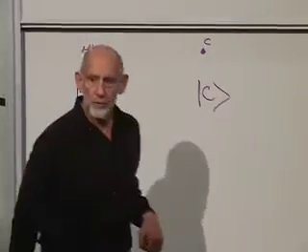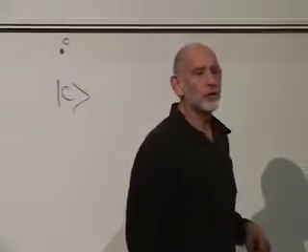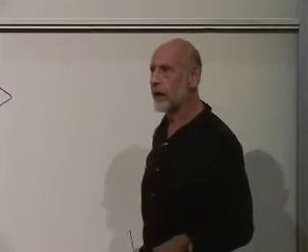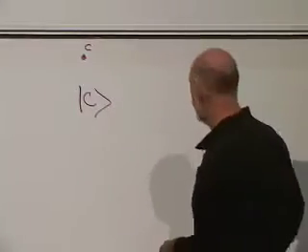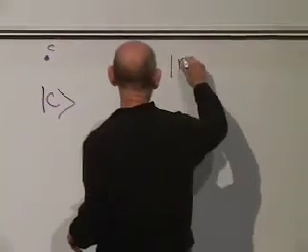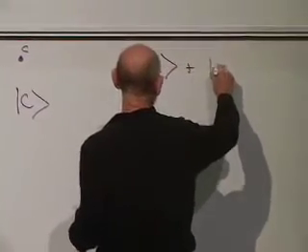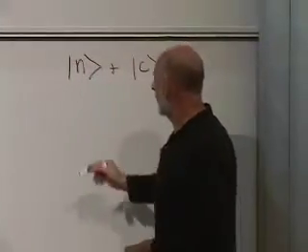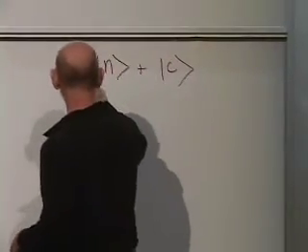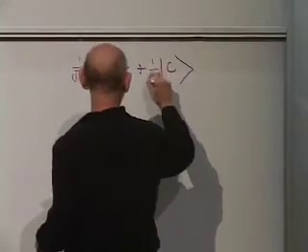Now, there's a quantum state of an electron which is a superposition of being in Nevada and Connecticut. It has some probability of being in Nevada and some probability of being in Connecticut. Nevada plus Connecticut. This is one electron with equal probability. You should put a 1 over square root of 2 here to make the probability come out to be 1.